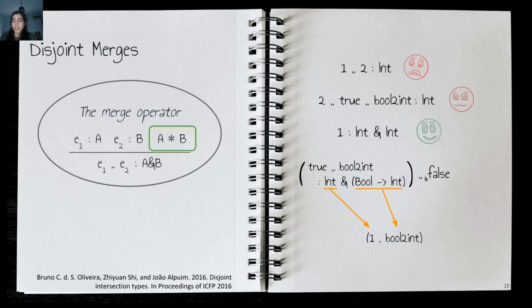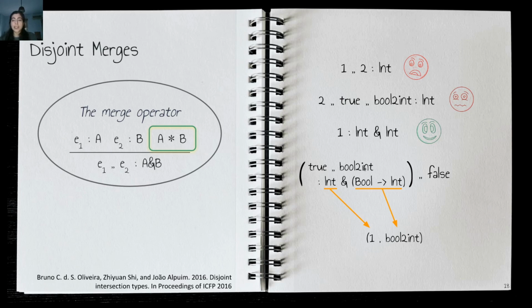False here doesn't conflict with true, because true has been lost in the internal representation of the expression through the type annotation. However, bool to int is still there, and it could be used via Modus Ponens and false to produce a new integer, thus again breaking coherence.